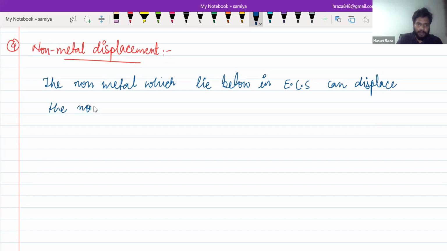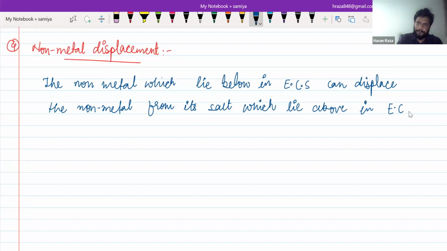In the previous metal displacement, the metal which lies above can displace the element below in ECS. But in non-metal displacement, the non-metal which lies below in ECS can displace the non-metal from its salt which lies above in ECS.